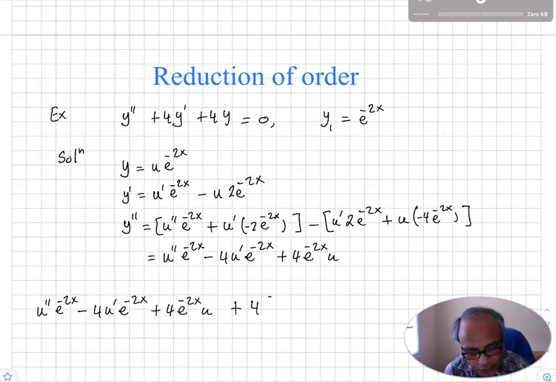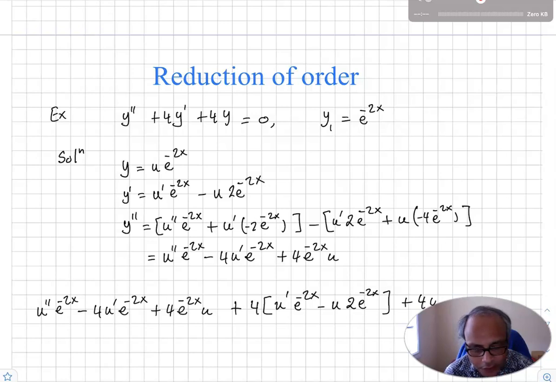plus 4 u prime e to the power minus 2x plus u times 2 e to the power minus 2x, and plus 4 u e to the power minus 2x.